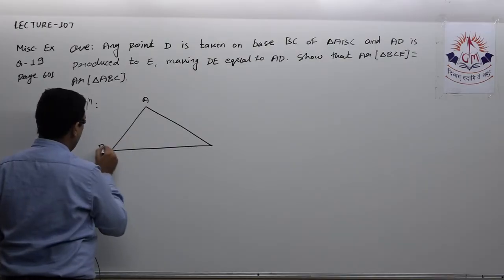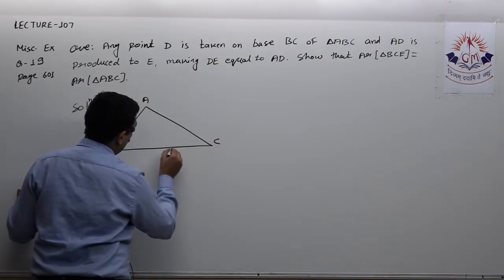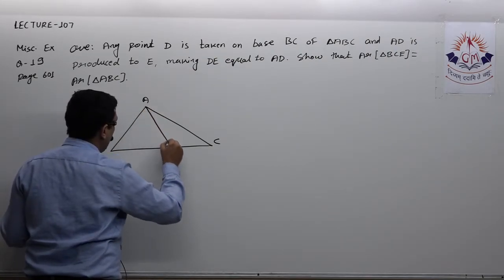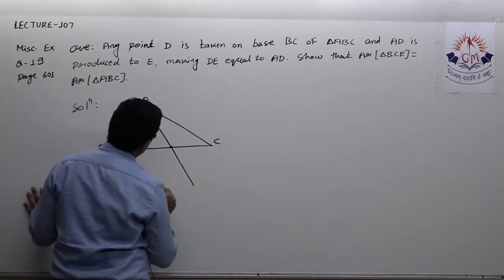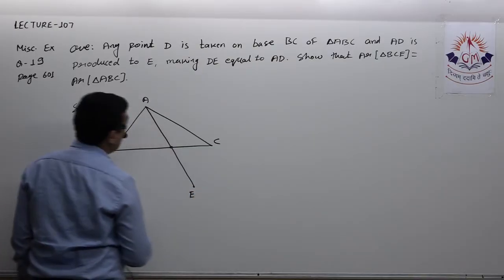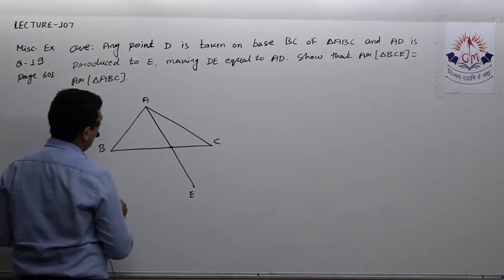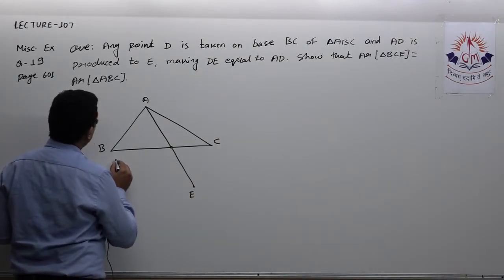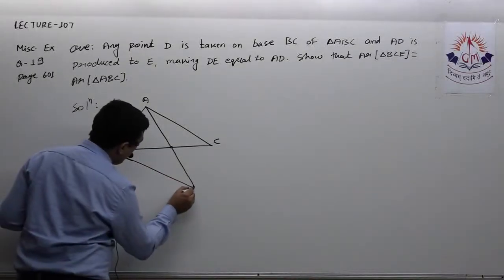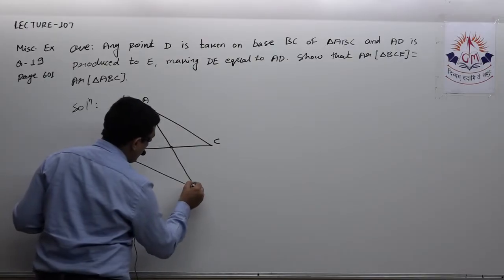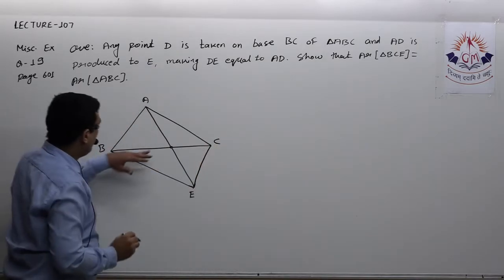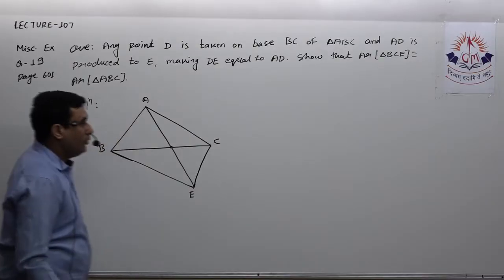Now there is a point D. It is not given that it's a midpoint, so I'm taking this point D, and join AD and produce it to E. Okay, this is point E. So what we have to prove is area of triangle BCA is equal to BCE.